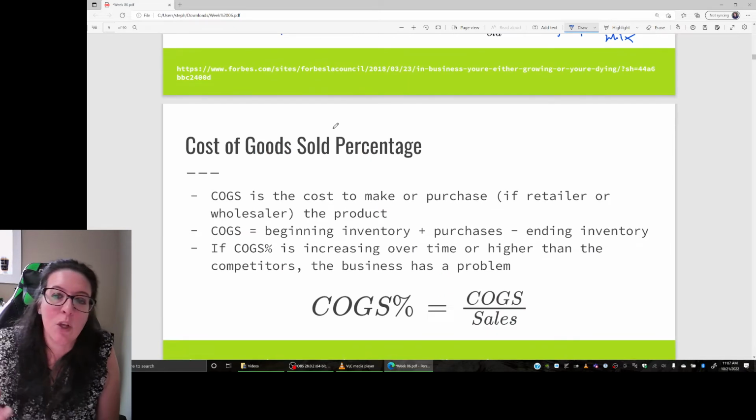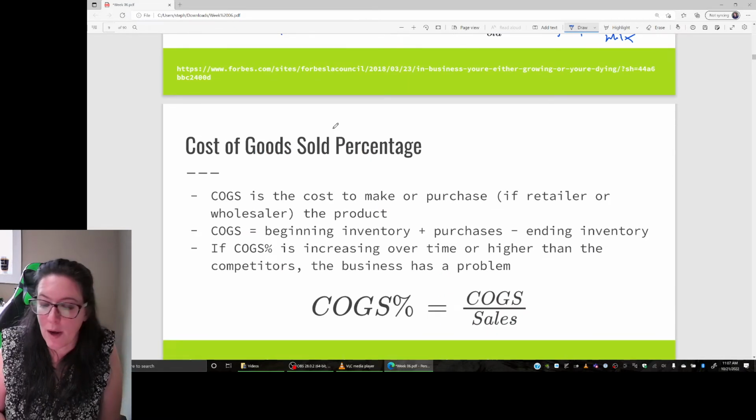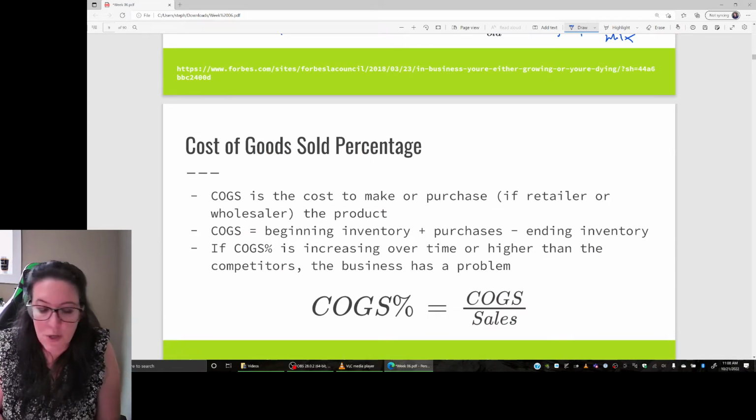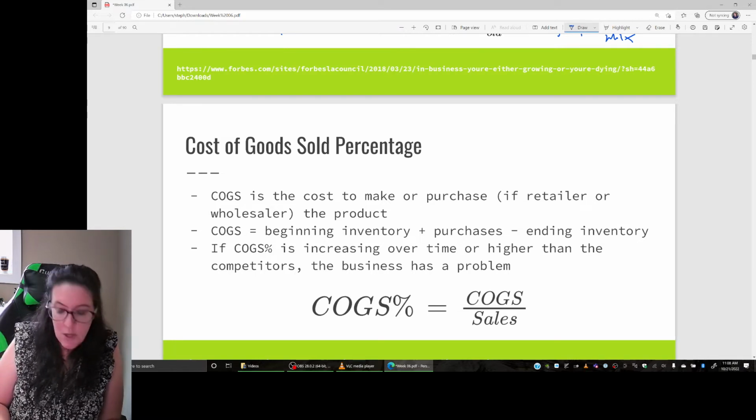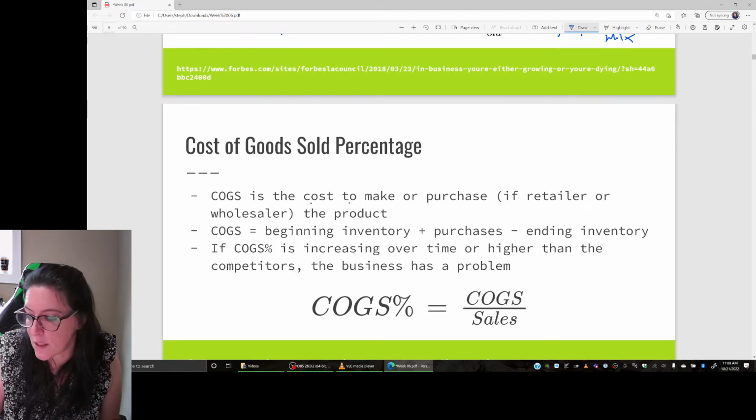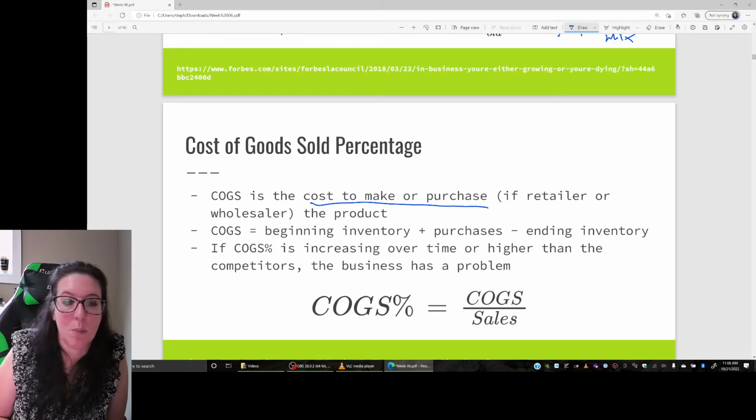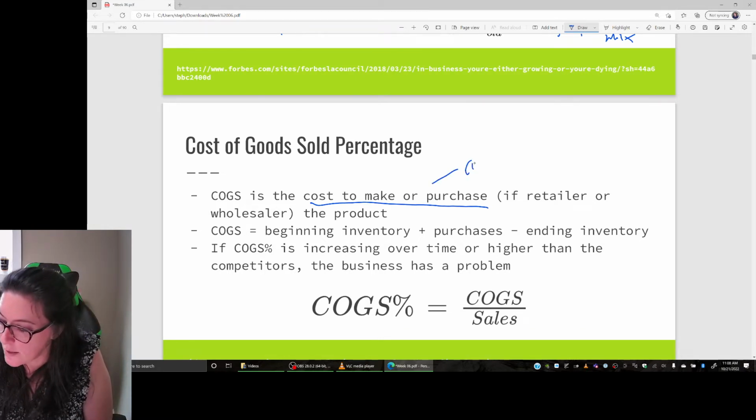The second thing we can look at in terms of measuring our productivity is the cost of goods sold percentage. So the cost of goods sold is the cost to make or purchase the product. So any costs tied to a unit.